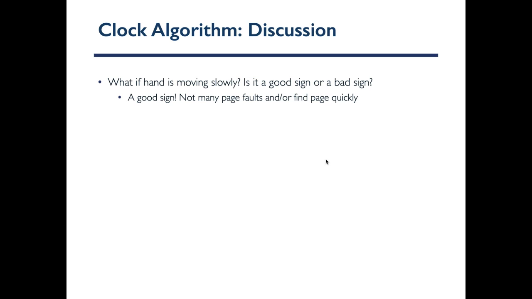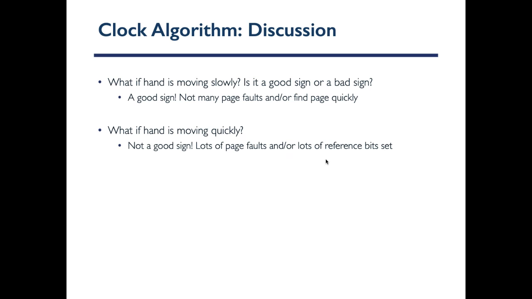Everything is fitting into your memory, because every time the clock hand starts moving, that basically means that you want to evict. And if the clock hand is not moving much, that means that you're not evicting. That's a good sign. What if the clock hand is moving quickly? Well, that's the opposite. It means that you're evicting a lot of pages.